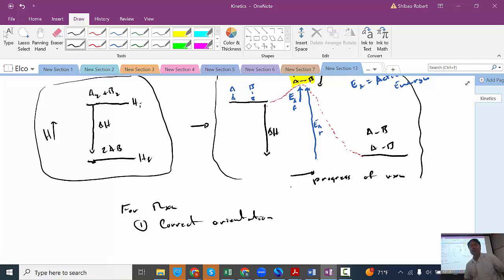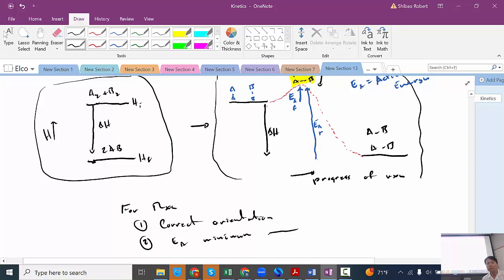Okay, we need the correct orientation, and the second thing we need is the correct energy. It has to be greater than the EA, so we need EA minimum. A lot of collisions don't. When we think about energy like this, we always think in terms of a distribution.